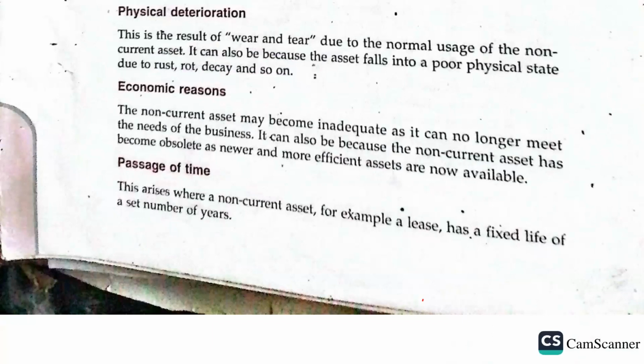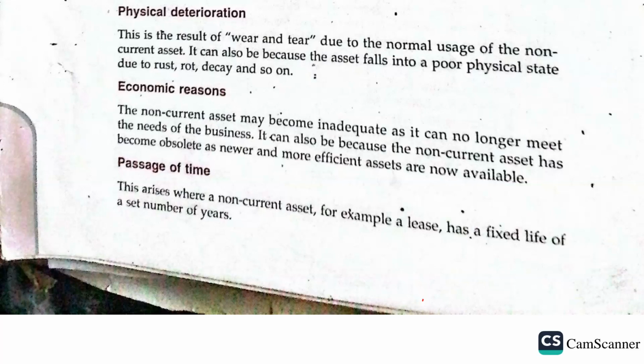The other cause would be economic reasons. With the economic reasons, you and I may be aware that the non-current asset may become inadequate as it can no longer meet the needs of the business. It can also be just because the non-current asset has become obsolete as newer and more efficient assets are now available.